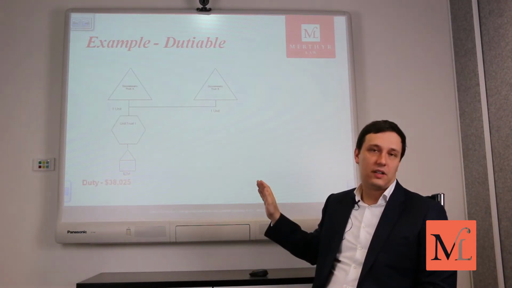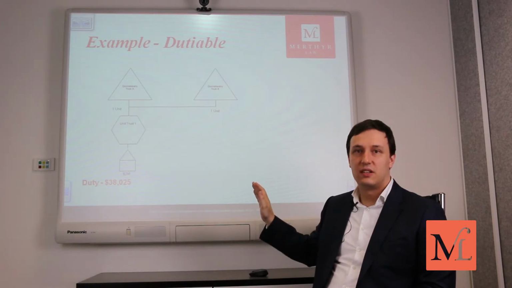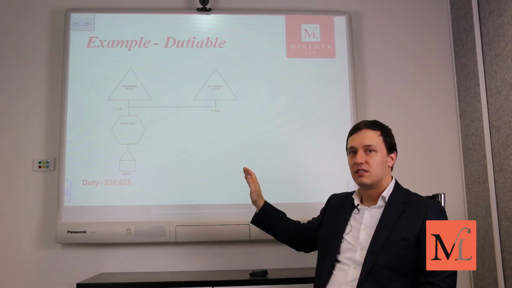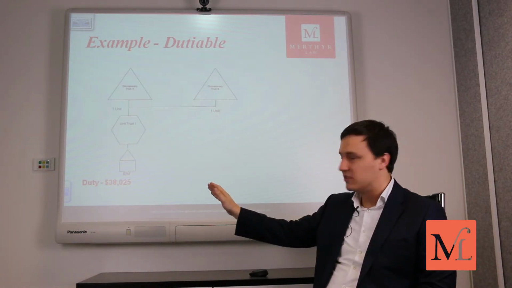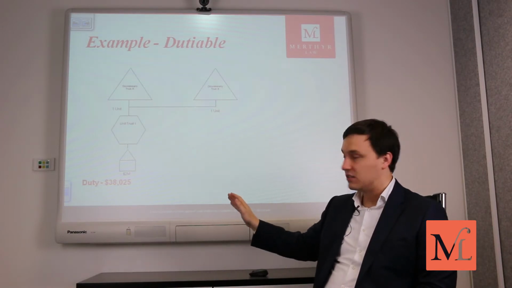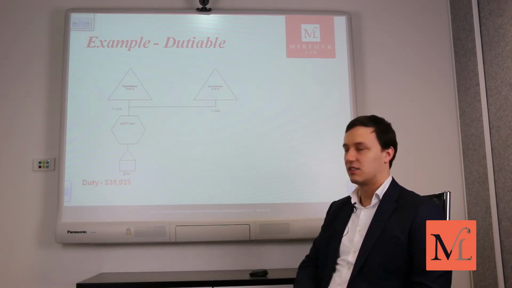Because discretionary trust B is acquiring 50% of the units in the unit trust, the dutiable value is calculated by reference to 50% of the underlying property in Queensland, being $1 million, giving us a duty consequence of $38,000.